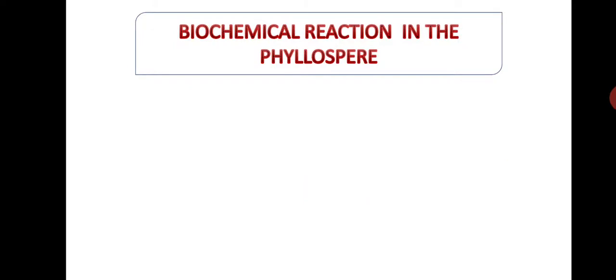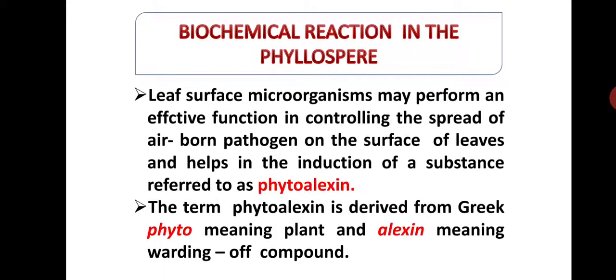Moving on to certain biochemical reactions in the phyllospheric region, the microorganisms present on the leaf surface perform the function of controlling airborne pathogens on the surface of leaves. You need to understand how they attack those pathogens.